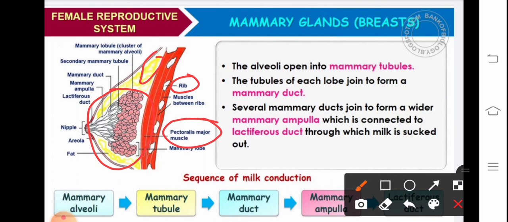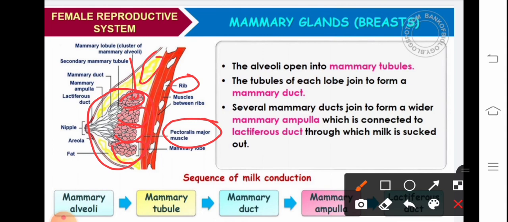This glandular tissue is divided into 15 to 20 mammary lobes. Can you see this picture? 1, 2, 3, 4. Like this there will be 15 to 20 mammary lobes. And these mammary lobes have clusters of cells. Agree?